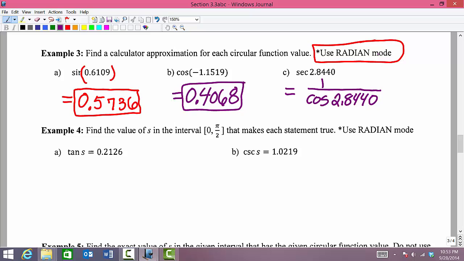Once again, make sure your calculator is in radian mode, and then we will do 1 divided by the cosine value of this angle. And when I put that into my calculator, I get negative 1.0460 when I round to the nearest 4 decimal places. So make sure that that is what you get when you type that into your calculator.